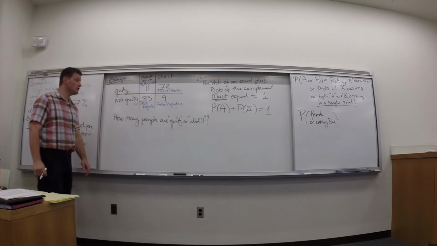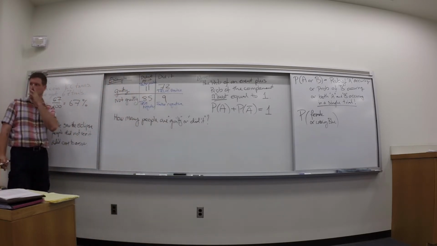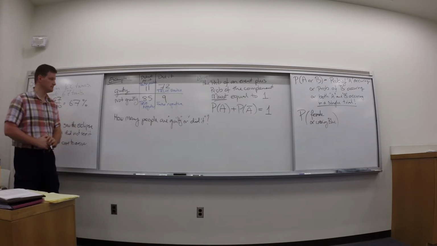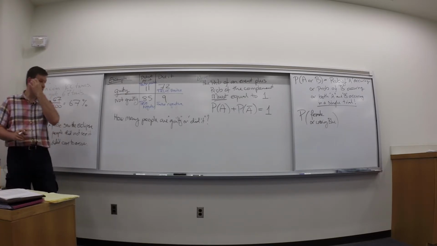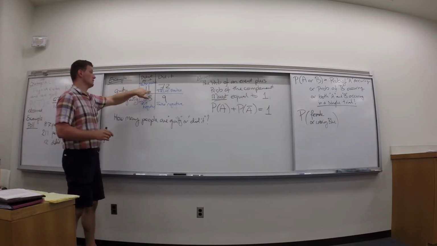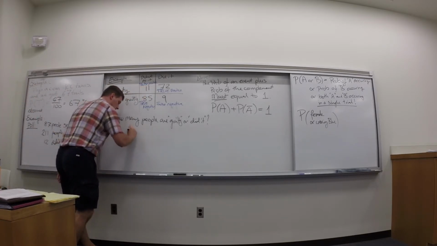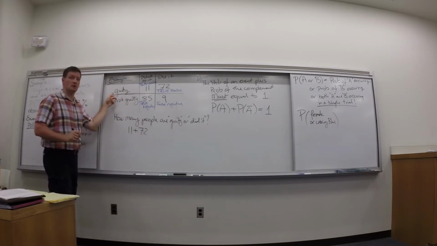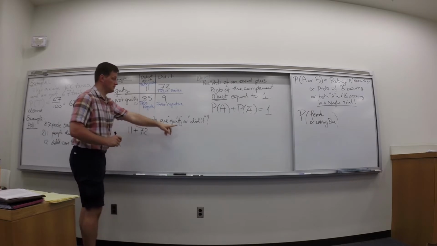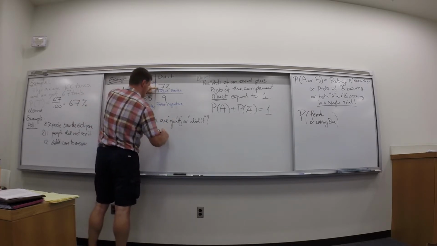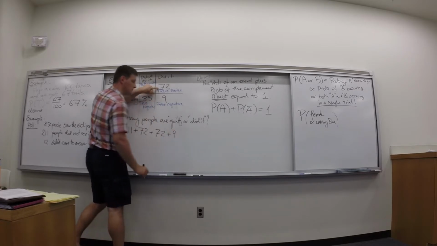So how many people are guilty or did it? Guilty or did it? Well, let's say guilty: 1172. That's all the people that were guilty. And then did it: 72 and 9.